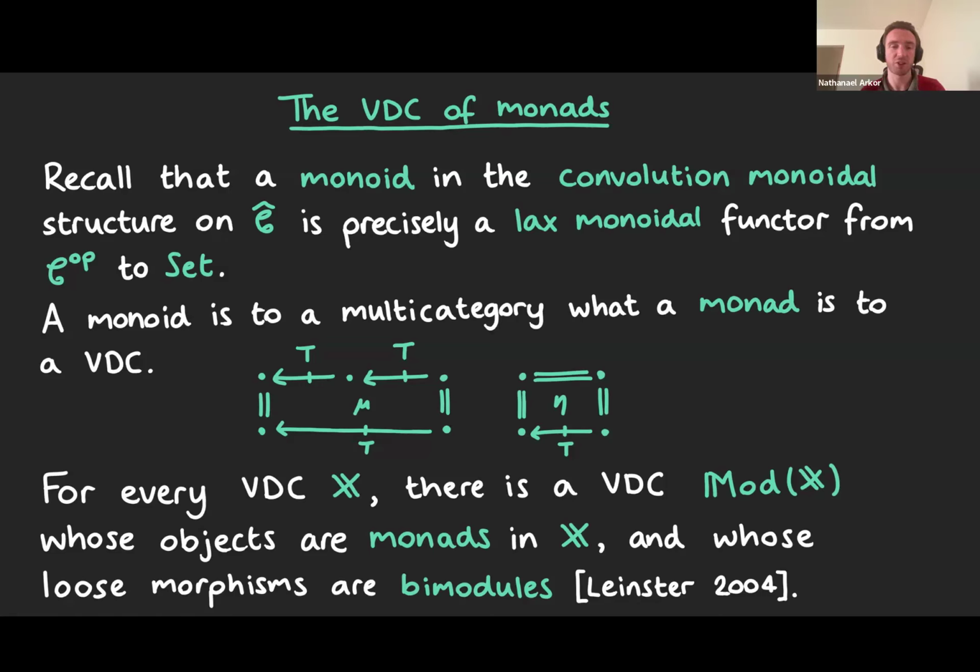A monad in a virtual double category comprises a loose morphism T and a binary cell expressing a multiplication and a nullary cell expressing the unit. And it happens that for every virtual double category X, we can define a new virtual double category, Mnd X, whose objects are the monads in X, whose type morphisms are monad morphisms, whose loose morphisms are monad bimodules, and whose cells are a notion of monad transformation.